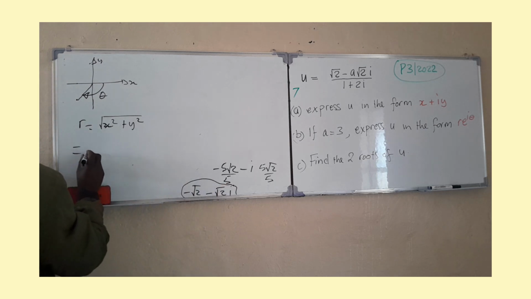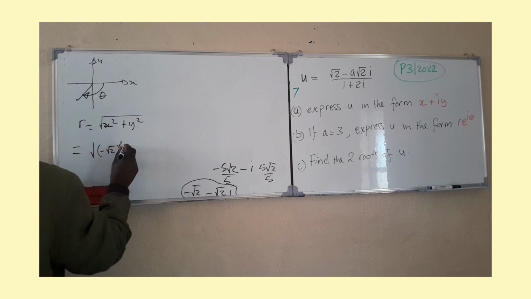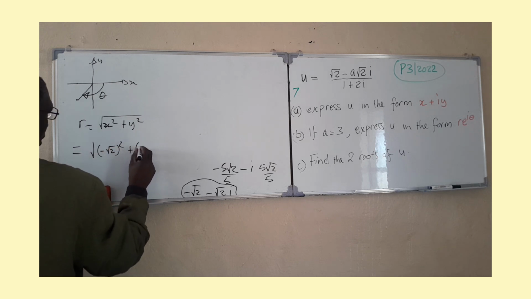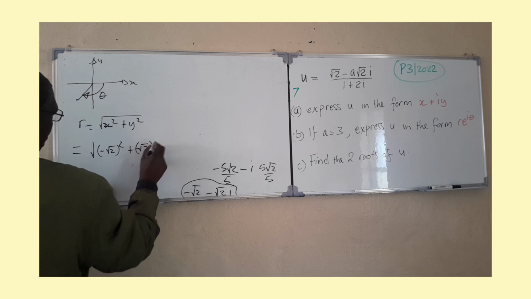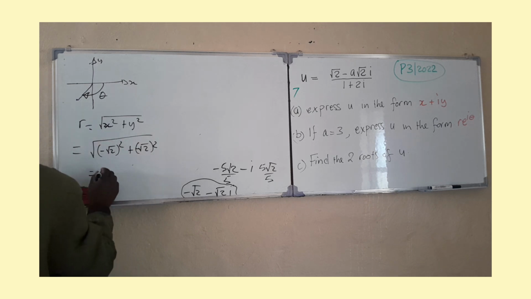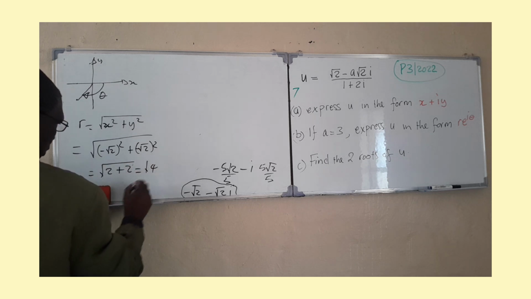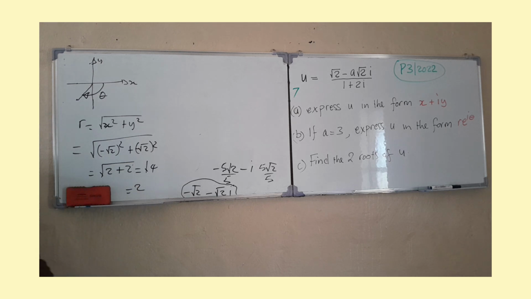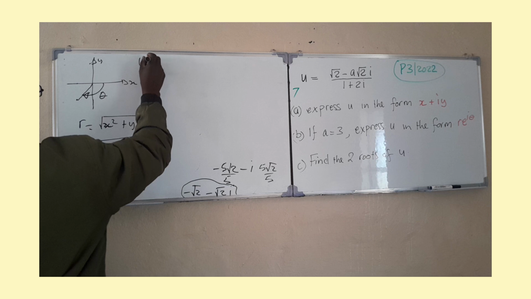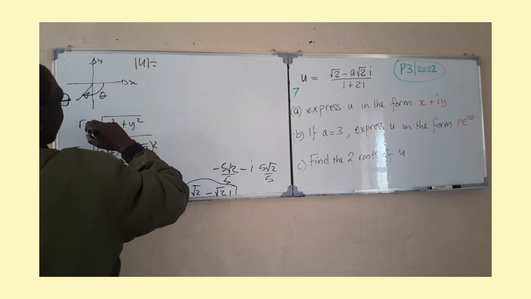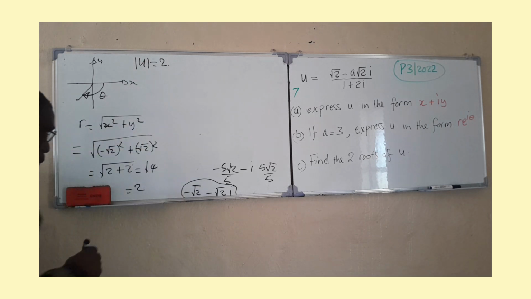So this gives us the root of bracket minus root of 2 squared plus bracket minus root of 2 squared, which of course is just root of 2 plus 2, which is root of 4, which is equal to 2. So r is equal to 2. We can write the modulus of u is equal to 2. Okay? What about the argument?